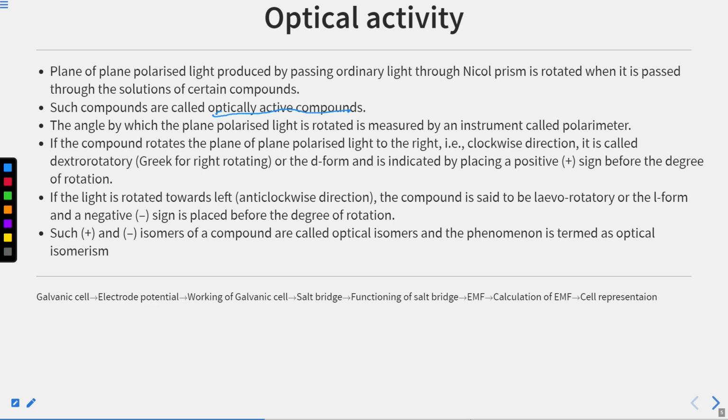The angle by which the plane polarized light is rotated is measured by a polarimeter. At what angle it is rotated, or deflected, is measured by the polarimeter.